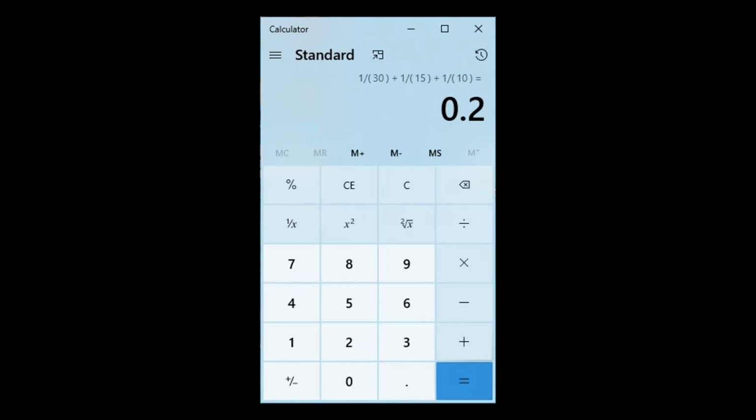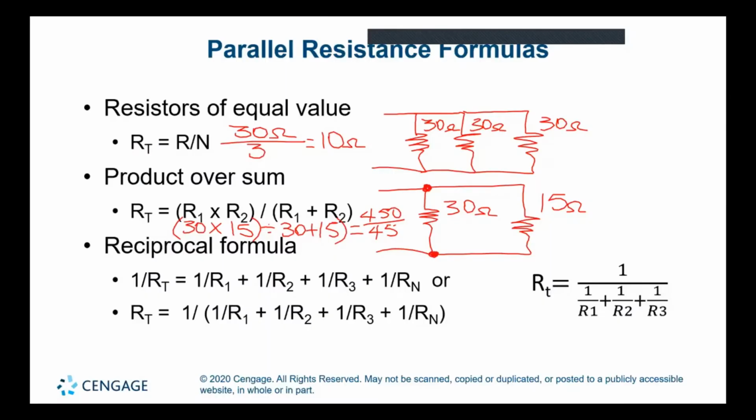But because it's the reciprocal of the reciprocal, what I mean by that is, if I take you back into this page, that 0.2 is the product of performing this operation here. When you perform all this operation, that's what you get, your 0.2. Now we still have this 1 here, so it's going to be 1 divided by 0.2.